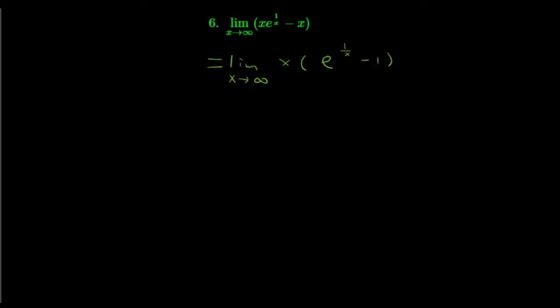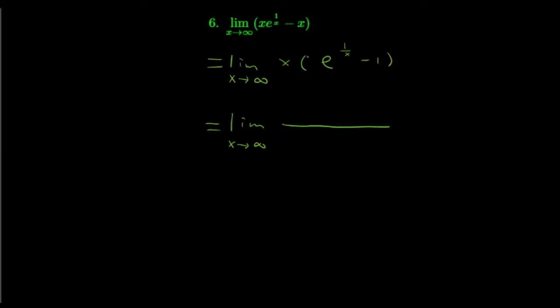Now, we want to convert the thing to a quotient. How do we convert it to a quotient? As the limit as x goes to infinity, I will try to ask you a question.